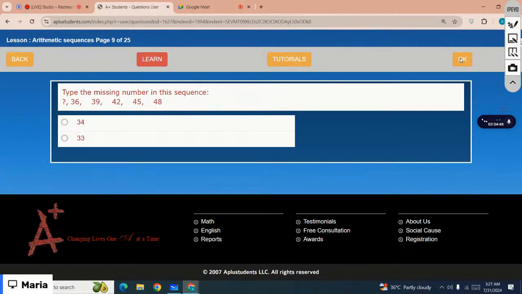Type the missing number in the sequence. So which number is missing? That is 33, right? Option number 2 is the correct option.